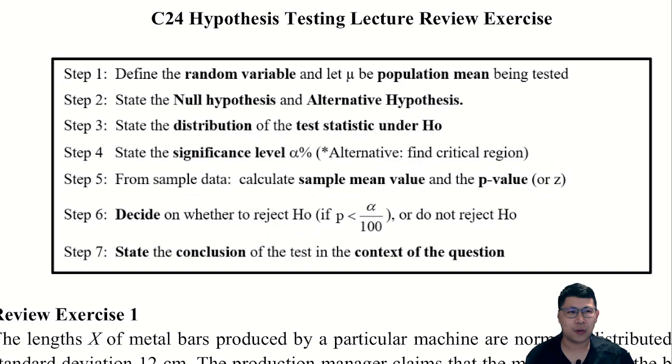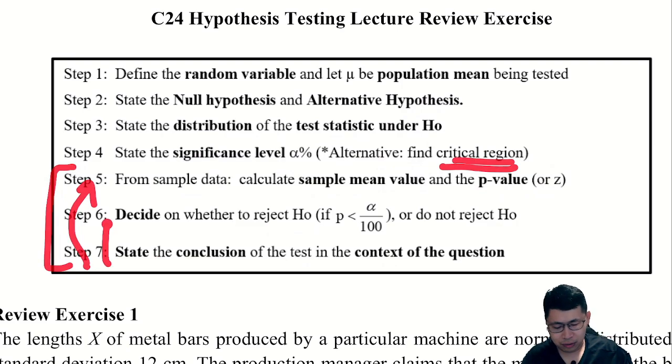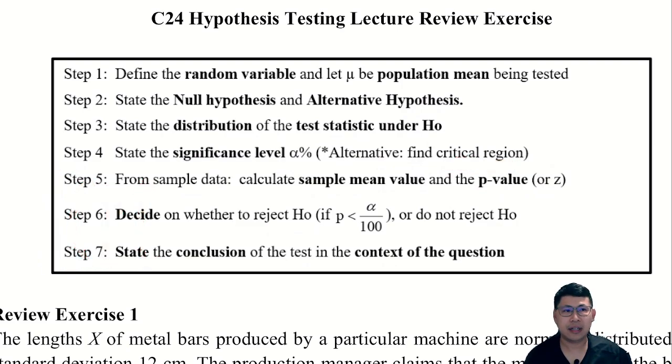For forward questions and reverse questions, the setup phase is the same. However, for forward questions, the testing phase looks like this. For the reverse kind of question, we'll need to look at the critical region and do a reverse process, which we will see later in some of the questions.